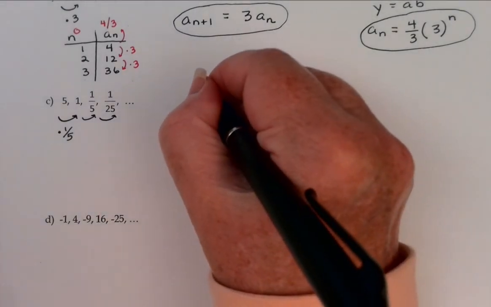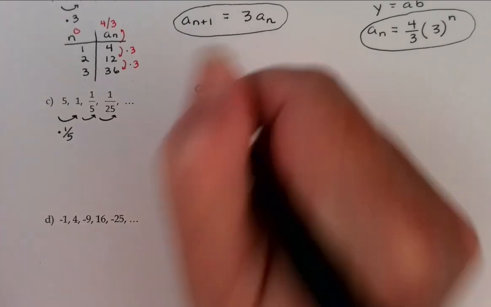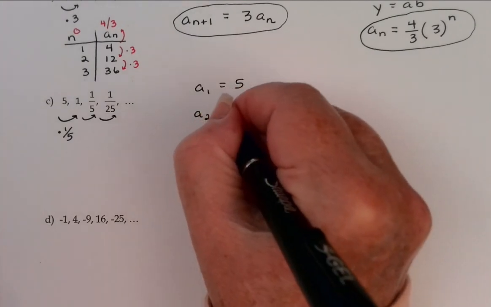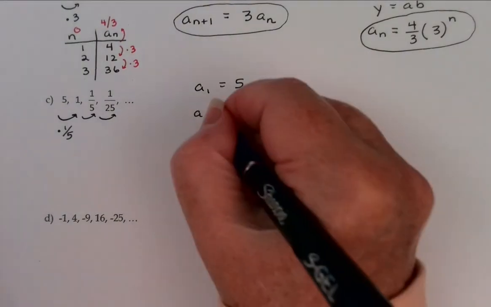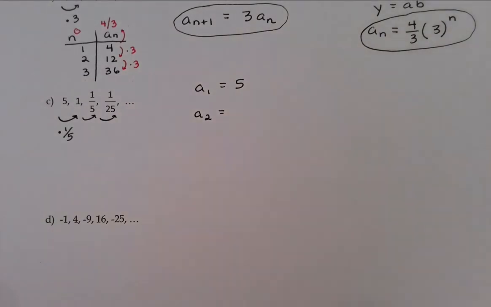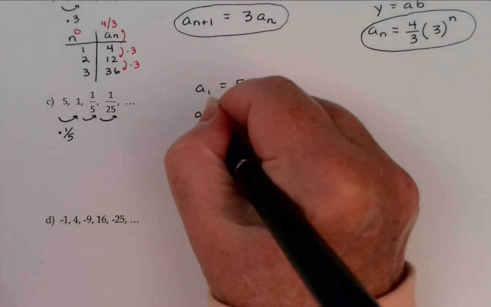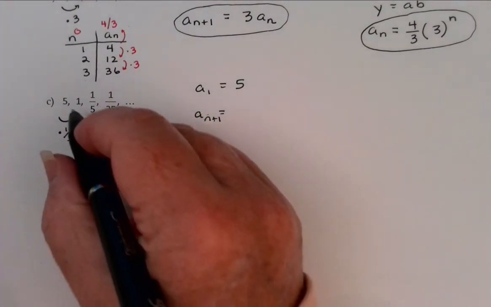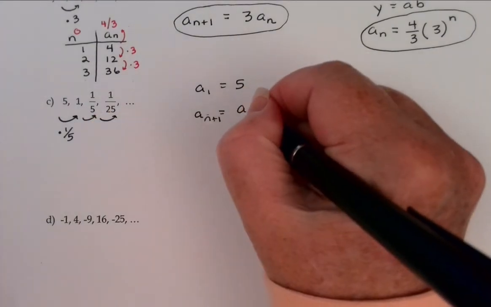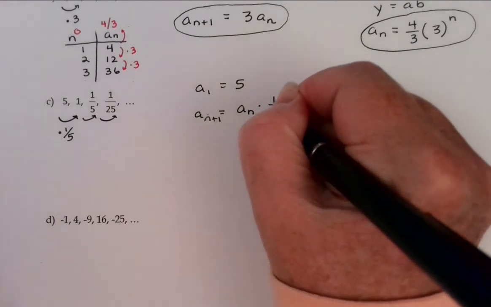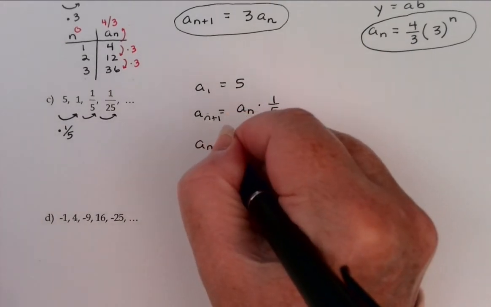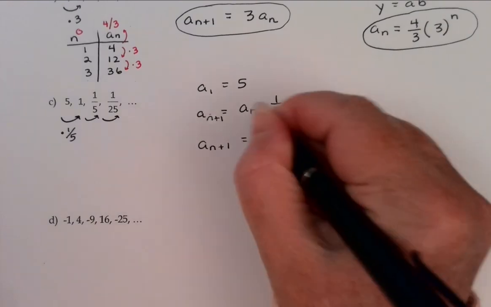So, if a sub 1 is 5, then a sub n plus 1 is going to be a sub n times 1/5, or I could just write that as a sub n over 5.